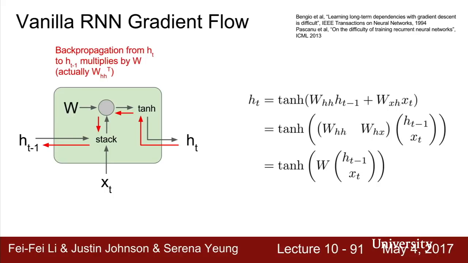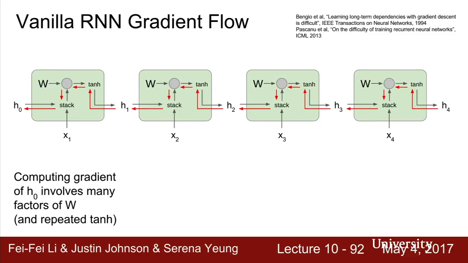So that means that every time we backpropagate through one of these vanilla RNN cells, we end up multiplying by some part of the weight matrix. Now imagine that we are sticking many of these recurrent neural network cells in sequence, because this is an RNN, we want to model sequences. Then something kind of fishy starts to happen.